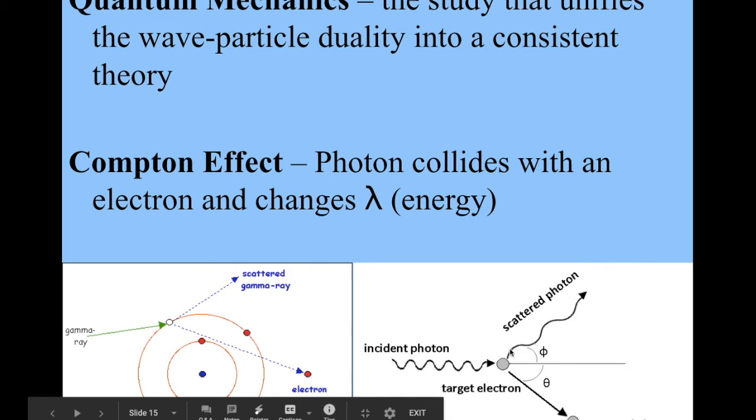Notice here we have a photon with high frequency or low wavelength. Here we have a photon with lower frequency, thus lower energy. Why does it have lower energy? Because it gave some of that energy to the scattered particle. So when the photon, the light, hit a small enough particle, it actually moved the particle. Light can make things move, which was a big revolutionary piece of work by Compton.